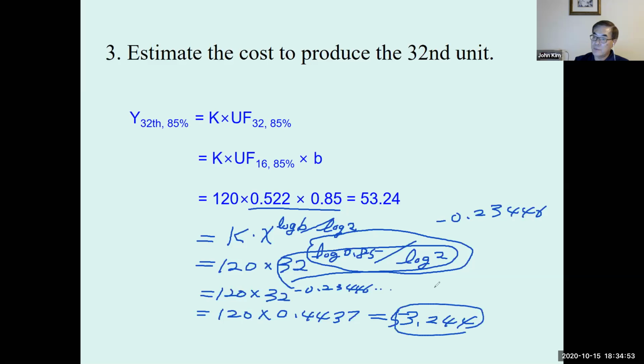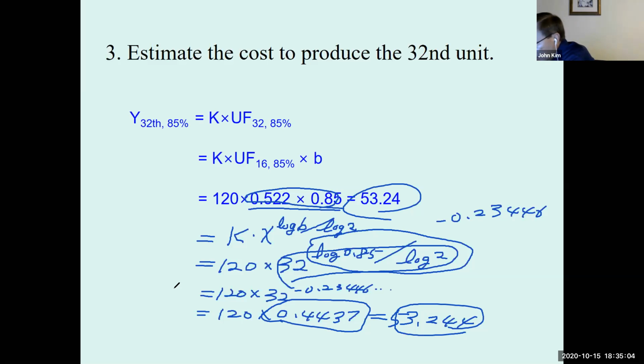So close enough. So this one will be the same as this. That is so far finding a unit cost.